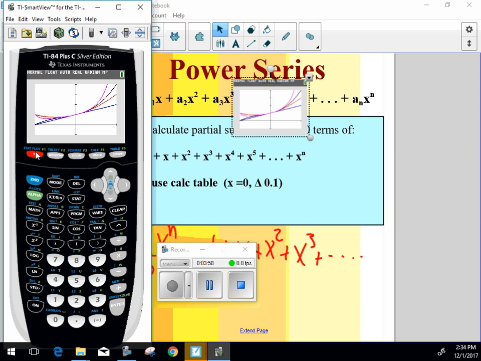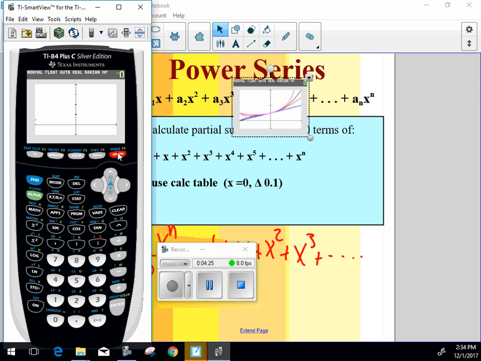I'm going to take out all of these except the last one. Don't take out the last one, all that work you did. Go 1 divided by 1 minus x. There's no way that's what it's the same as.